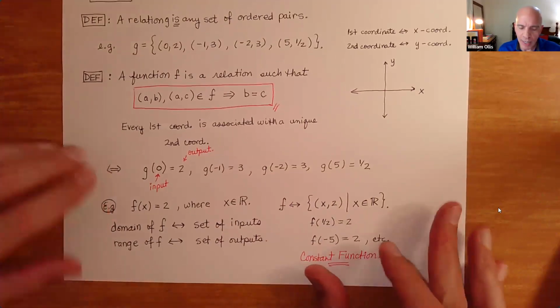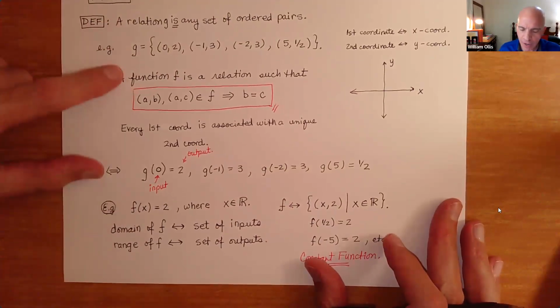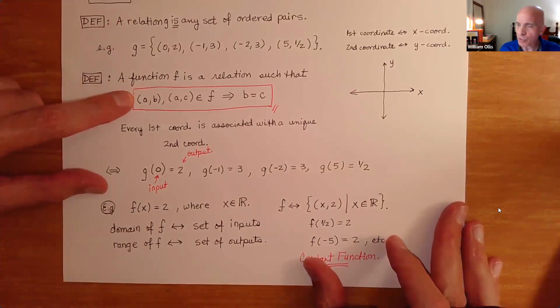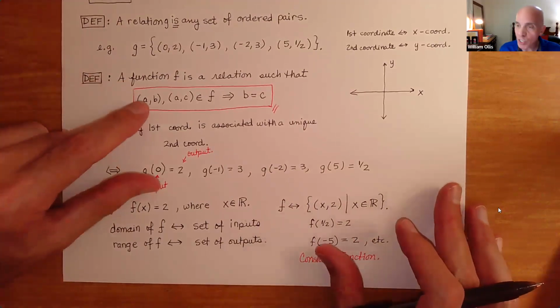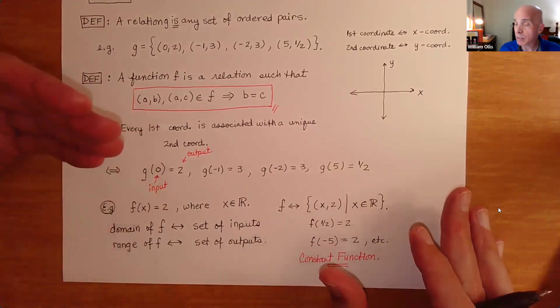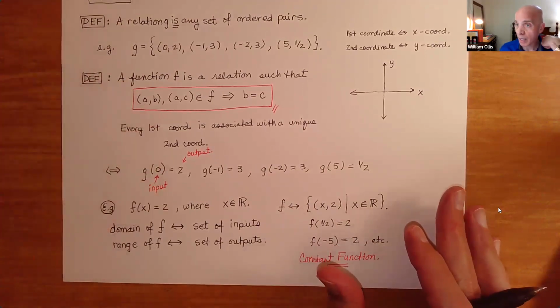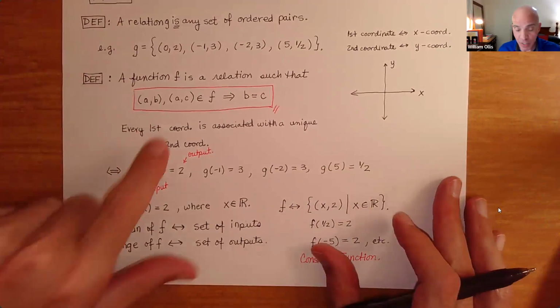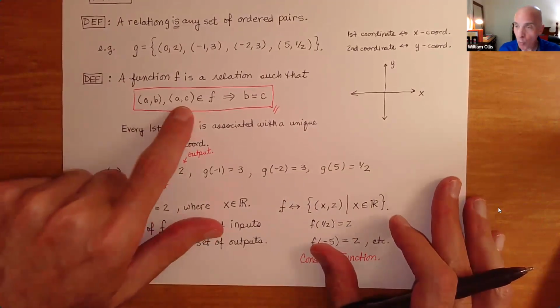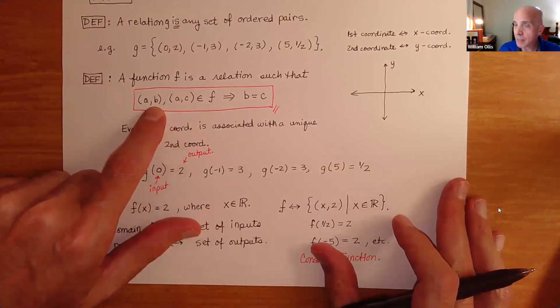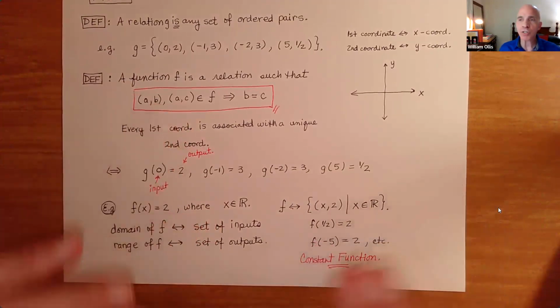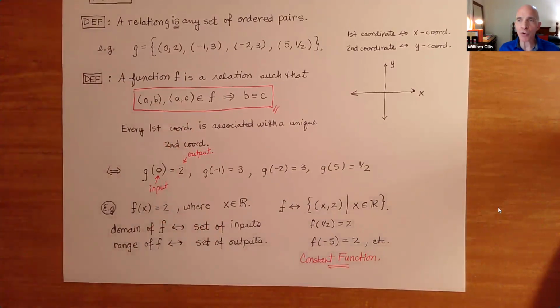So again, if a function is a set of ordered pairs, and we're thinking of the coordinates as being numbers, then we should be able to plot those numbers. And then again, since the first coordinates in any two elements never repeats, then that should give us some idea as to how the graph should look.